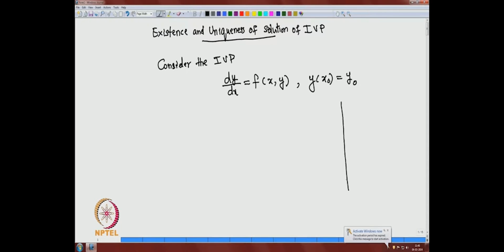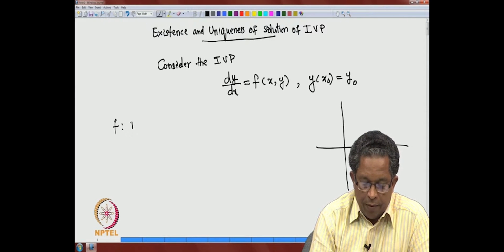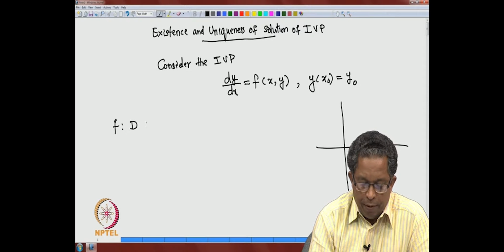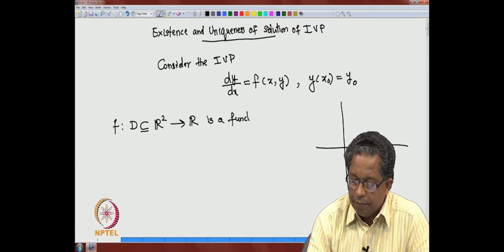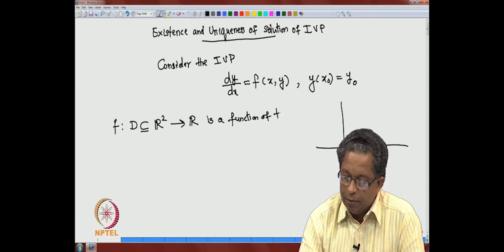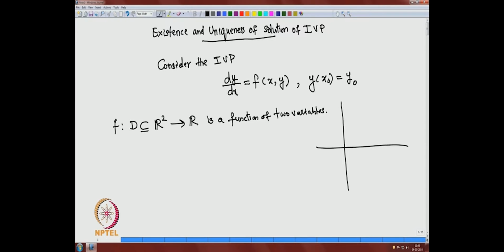So, f is a function which is defined on a domain D, a subset of R2, f from D to R, a function of two variables x and y.